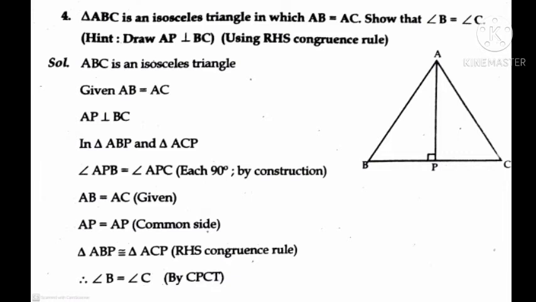Therefore, triangle APB is congruent to triangle ACP according to the RHS congruence rule. Therefore, angle B equal to angle C since CPCT, hence proved. From this problem onwards, we learnt angles opposite to equal sides of an isosceles triangle are equal.